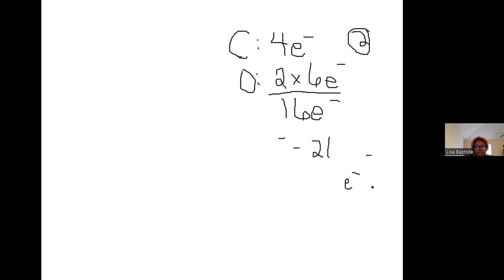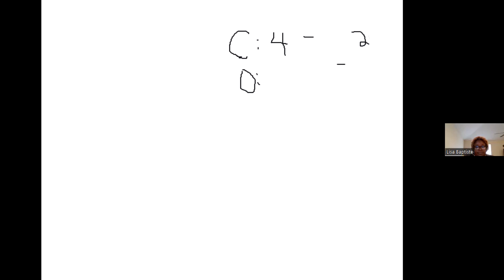Got a lot going on this board. Okay, let's try this again. All right, so I'm going to redraw my structure so that we have that.